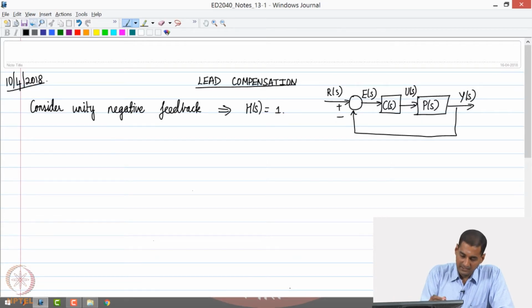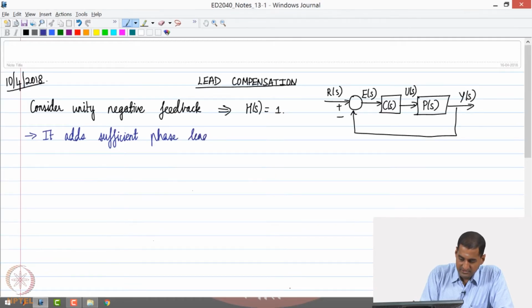Now what does a lead compensator do? Typically, a lead compensator adds a sufficient amount of phase lead to reduce the excessive phase lag, if any, associated with the uncompensated system.